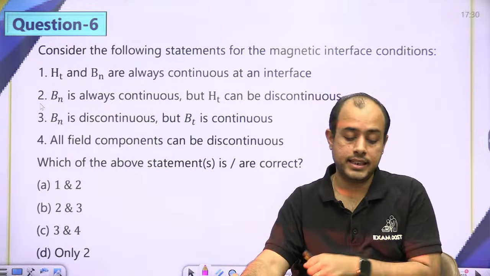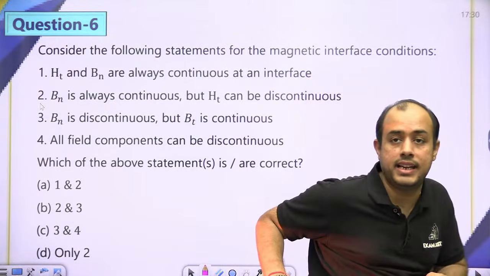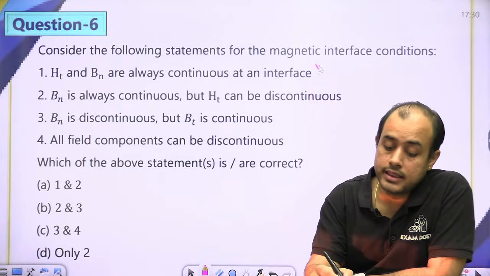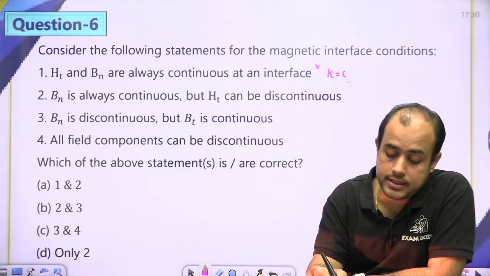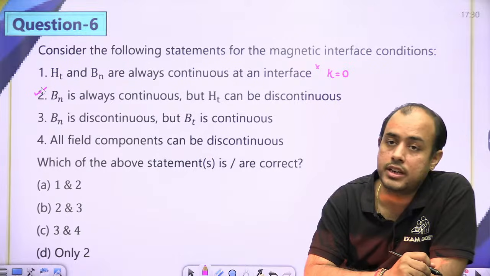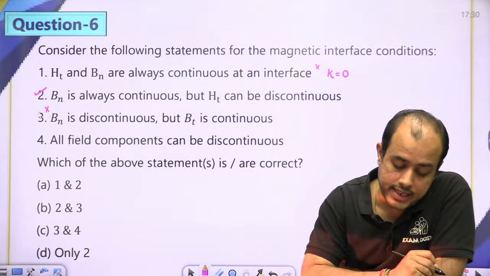चलिए next, consider the following statements. HT and BN are always continuous? No. This is true if K is 0. BN is continuous, HT can be discontinuous. Correct. BN is discontinuous, but BT is continuous.